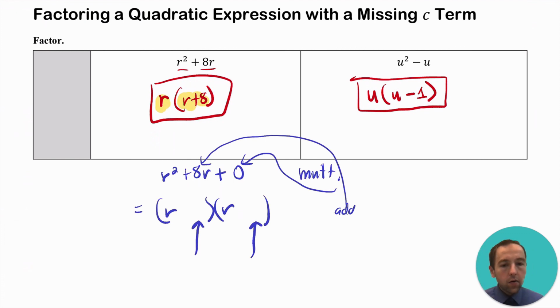And if you think about two numbers that are going to multiply to equal 0 but add to 8, it turns out that 8 and 0 are two numbers that you can multiply to equal 0 and also add to 8.